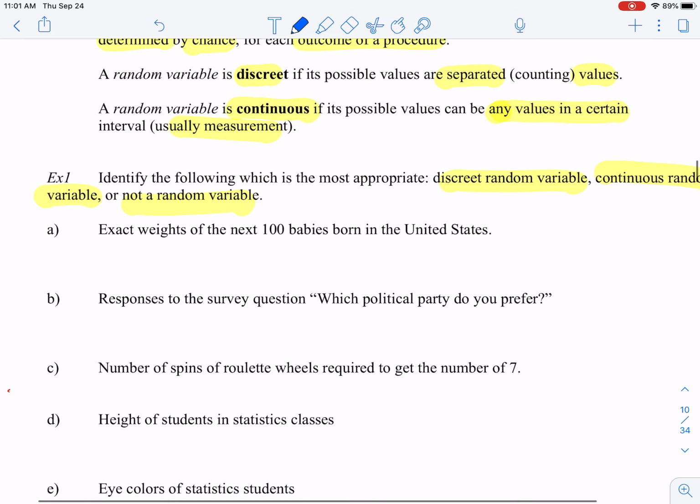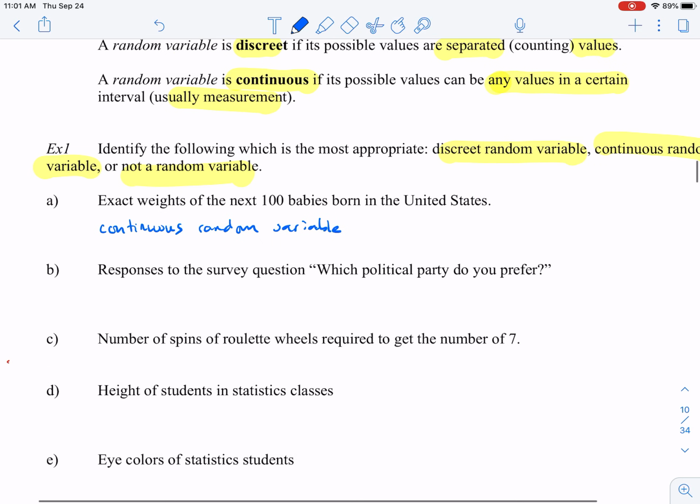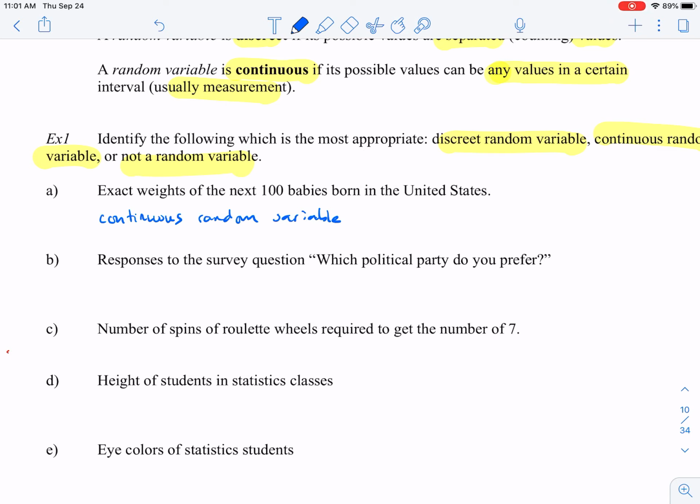So in A here, we're going to say that we have a continuous random variable. Okay. And part B, responses to survey question, which political party do you prefer? So in this procedure, in this survey here, the results of the survey are the political party that people who surveyed response, such as Democratic, Republican, other.